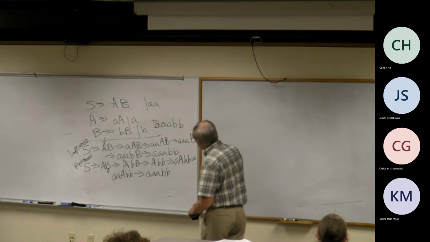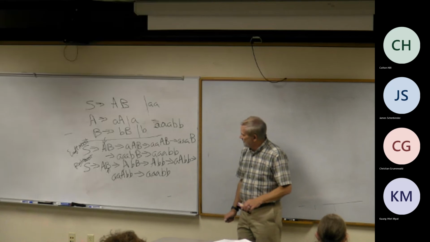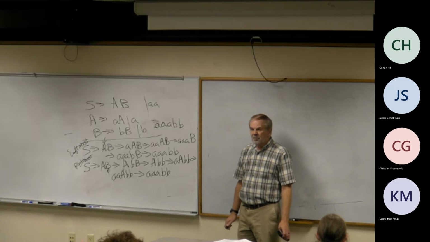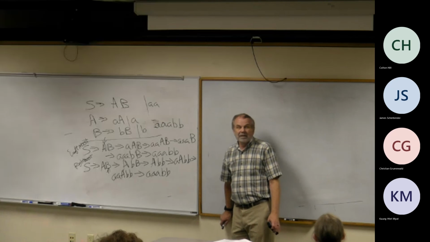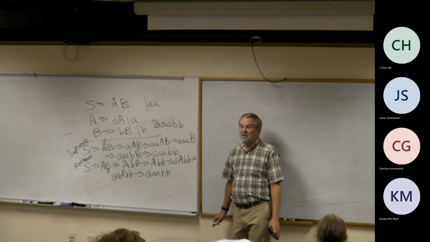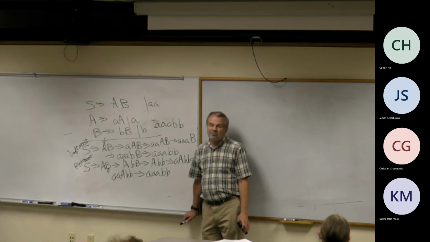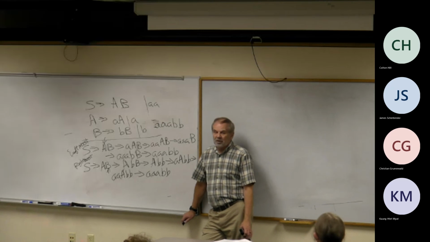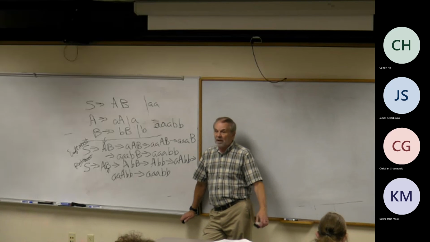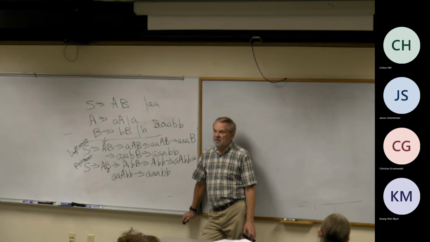Anyway, artificial intelligence is part of the whole question of can a Turing machine do artificial intelligence? Or can you do artificial intelligence that is more powerful than a Turing machine?